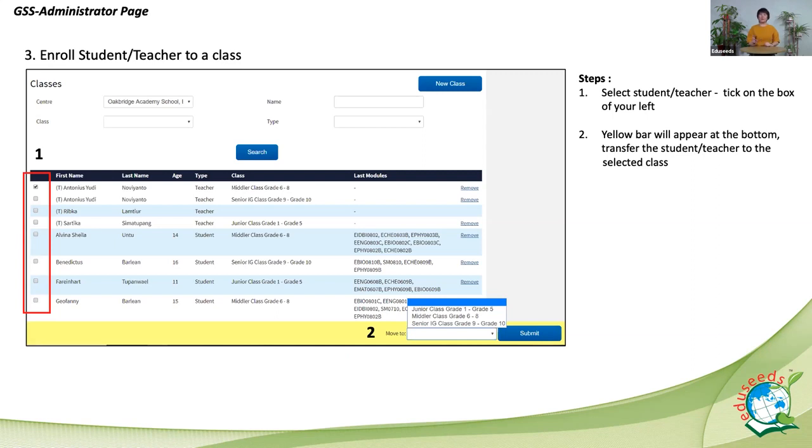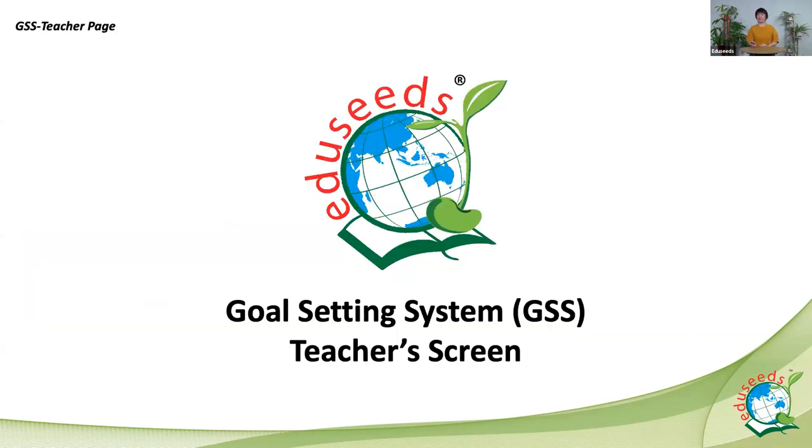From there you select the class you want to put all these selected students and teachers in, and you click submit. That's it. All the selected teachers and students will be put into the class. So this is creating a class and enrolling students and teachers to a class.